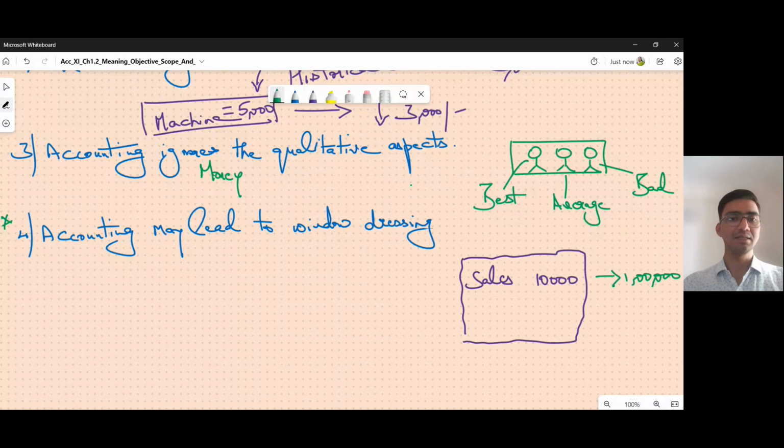So this can be misleading, and therefore it is called window dressing, in which you're altering your books of accounts and showing your profits on the higher side. Right? So this is a very important point. It's a very big disadvantage of accounting that it could be misused and it could lead to window dressing. These are 4 points which we can remember. We'll stop here. We'll continue this again.